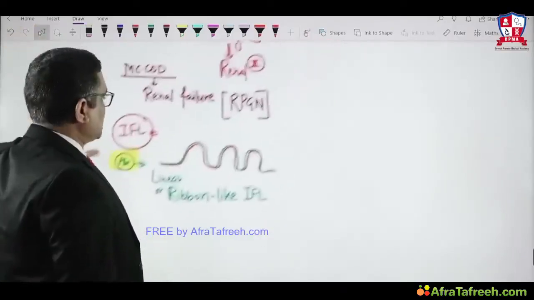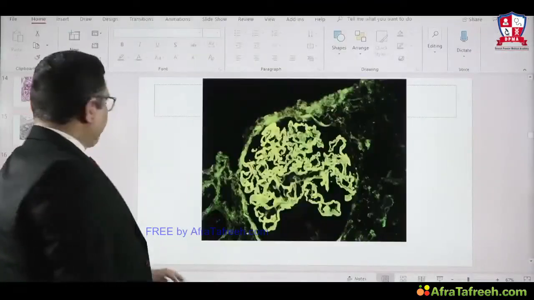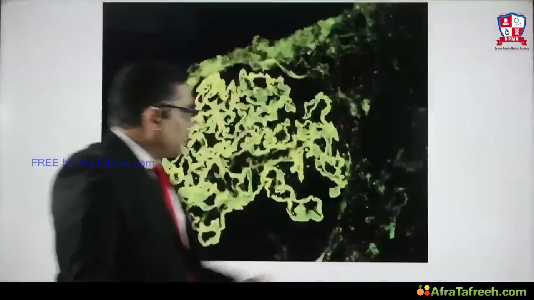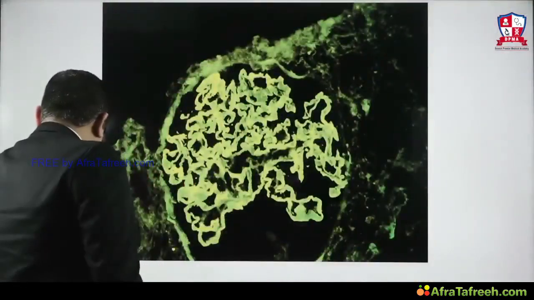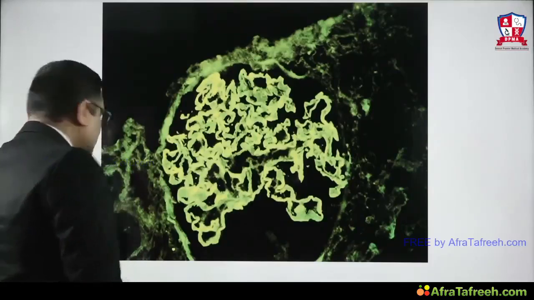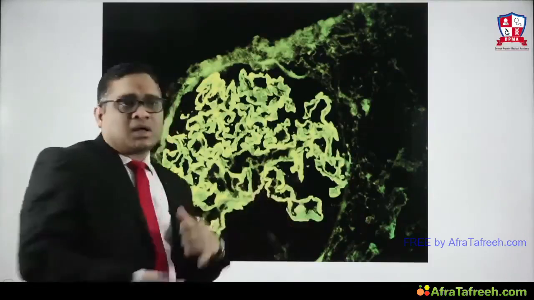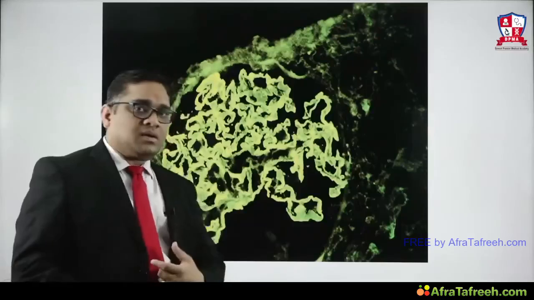So this is about Goodpasture syndrome, and now I will show you the immunofluorescence microscopy, which was the question in AIIMS 2016. Right now I am showing you the immunofluorescence microscopy, and you have to guess in your mind, because you are seeing this picture and you have learned the pattern of immunofluorescence. So now you tell me, what do you think of it?